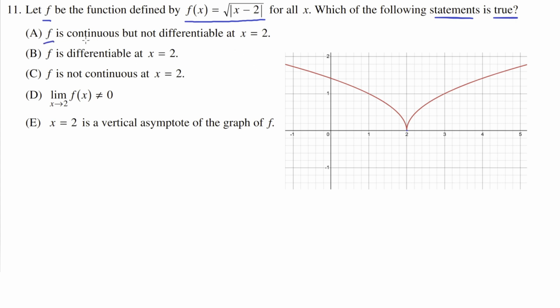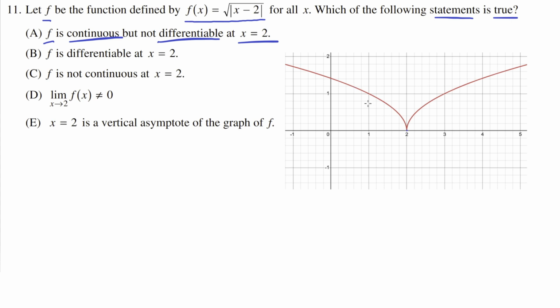So A says f is continuous but not differentiable at x equals 2. To determine whether something is continuous, all we need to be able to do is draw the curve without lifting our pencil. As you can see, there's no holes and there's no jumps in this graph.